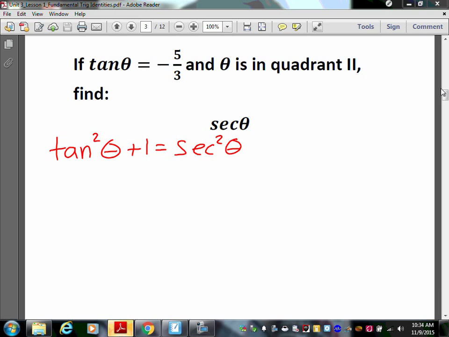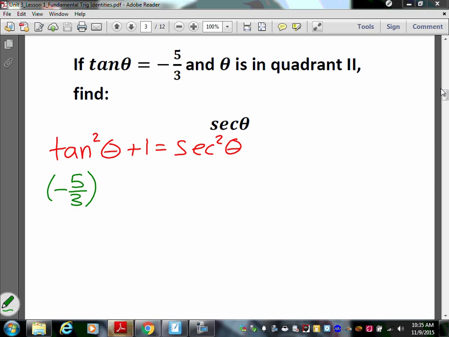So on a quiz and a test, I'm going to ask you to identify first the identity you're going to use. Sometimes there's more than one. So I know what tangent of theta is, so I can plug it in.